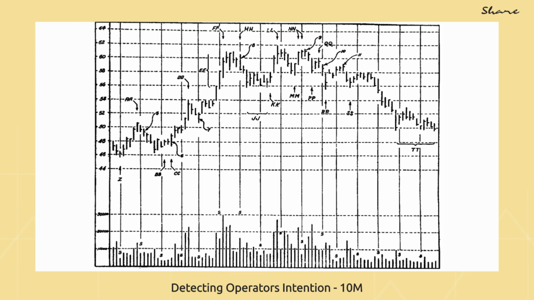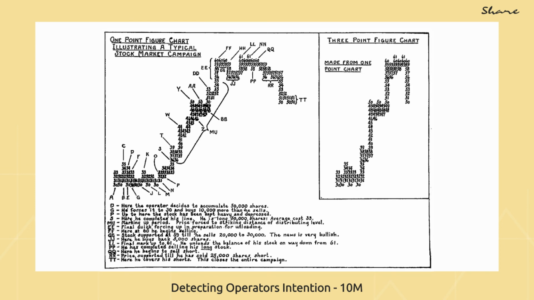The above illustration shows how to read a 1 point and a 3 point figure chart in combination with the vertical chart. The operation from which these charts are built is purely hypothetical. It is not taken from the charts of a campaign which actually happened in the market. Nevertheless, it is an example of a typical stock market campaign.